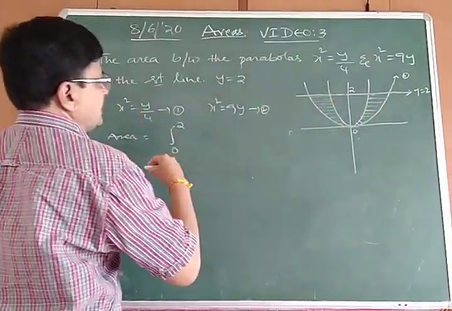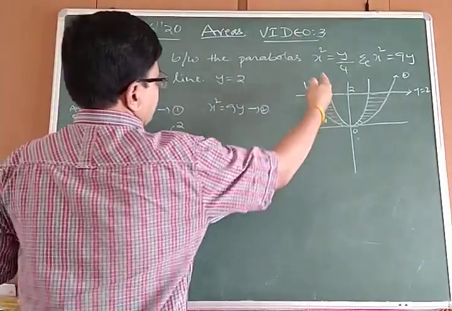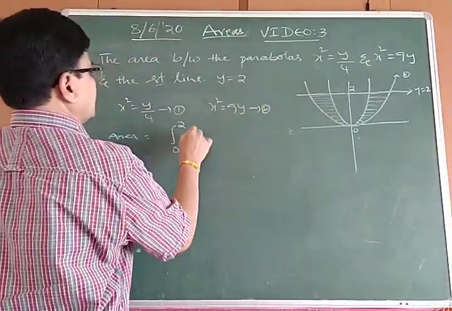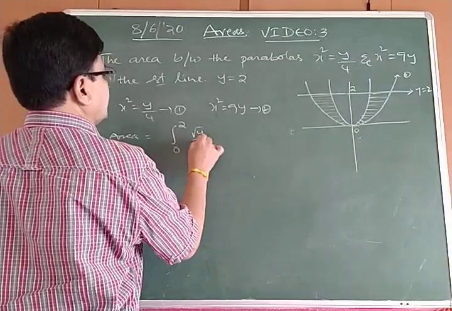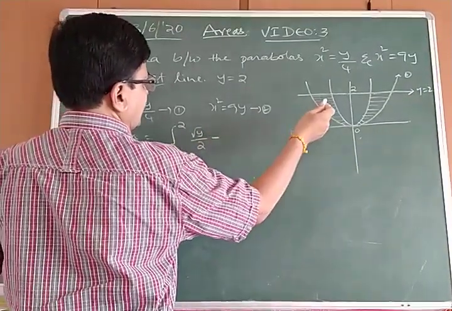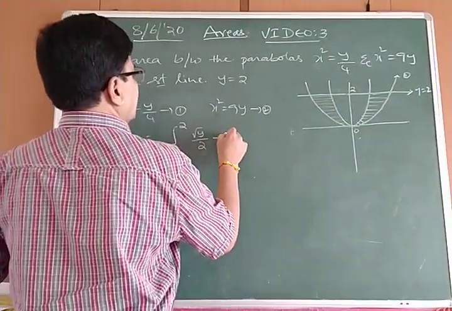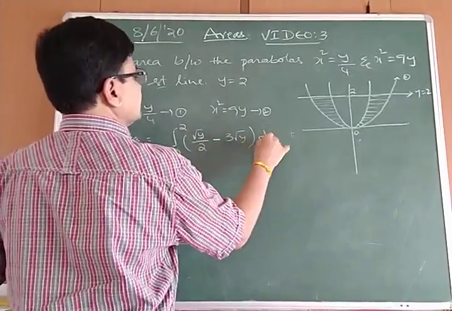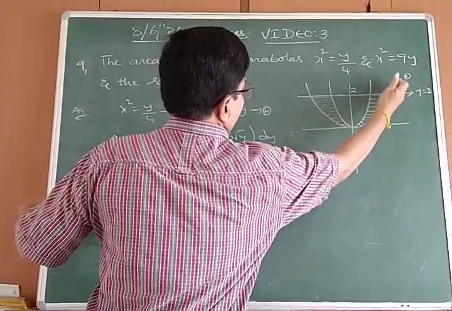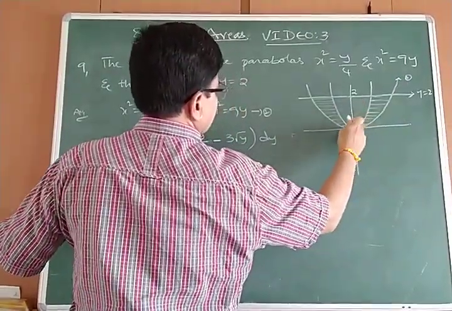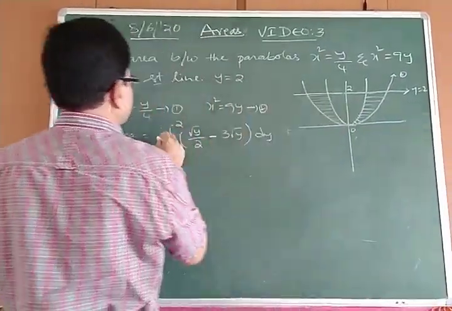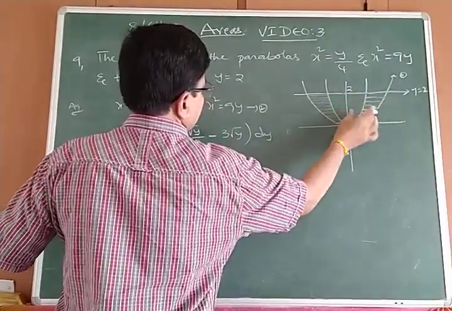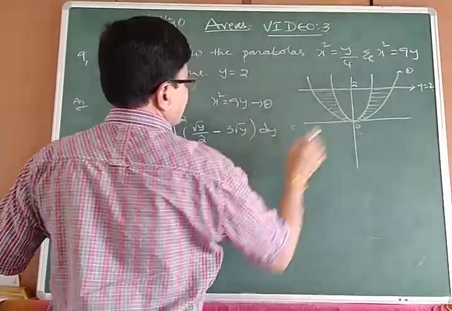Where upper curve is x square is equal to 4y, that means root y by 2, minus lower curve, this is 3 root y, dy. This is the first quadrant area and it is the second quadrant also. So both are equal. By the symmetry both the areas are equal.